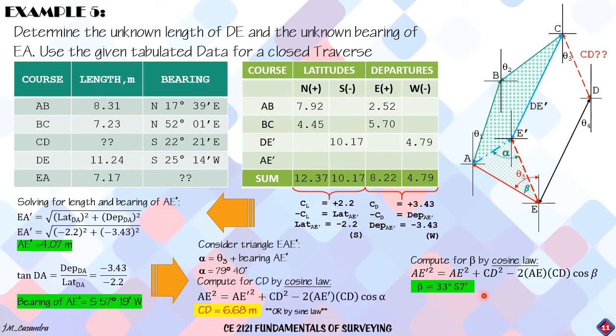From beta, we can now compute theta 5. So beta is equal to theta 5 minus theta 3. Theta 5 now is 56.18 degrees, or 56 degrees 18 minutes. So the bearing now of line AE is north 56 degrees 18 minutes west. So that's how we solve for your unknown length and unknown bearing.